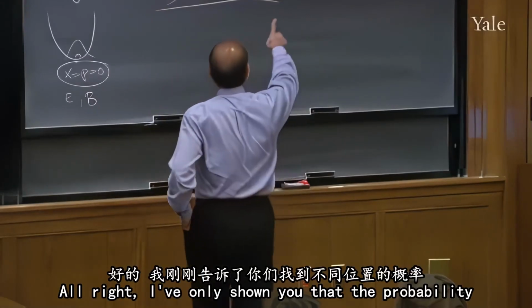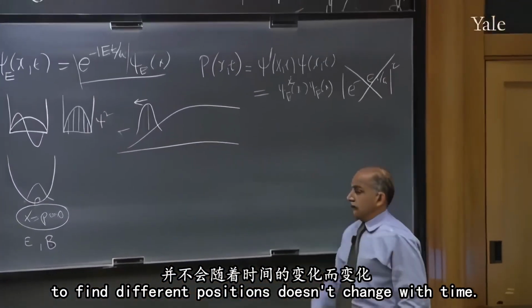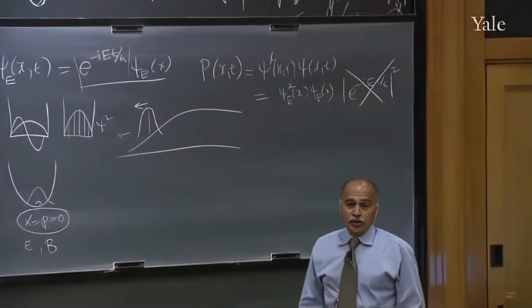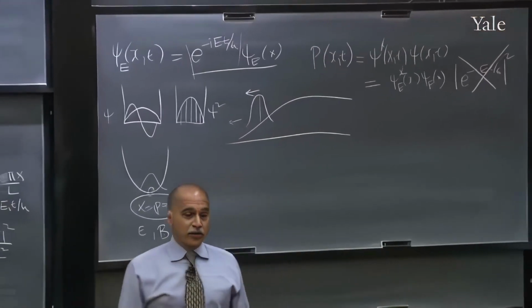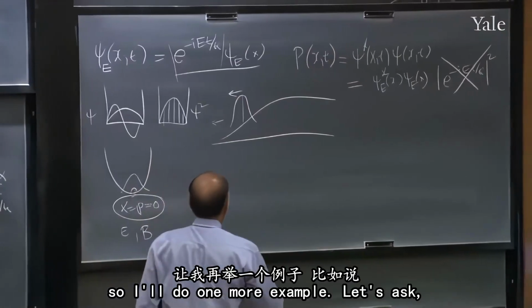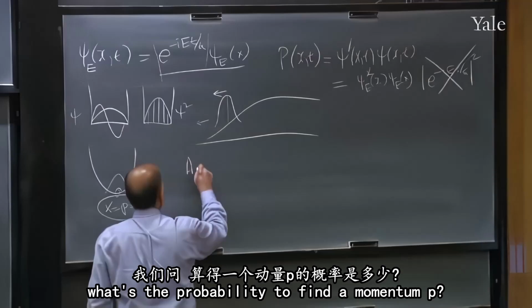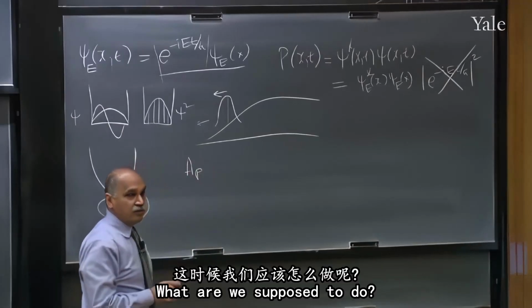All right. I only showed you that the probability to find different positions doesn't change with time. I will show you the probability to find different anything doesn't change with time. Nothing will change with time, not just the x probability. So I'll do one more example. Let's ask, what's the probability to find a momentum p? What are we supposed to do?